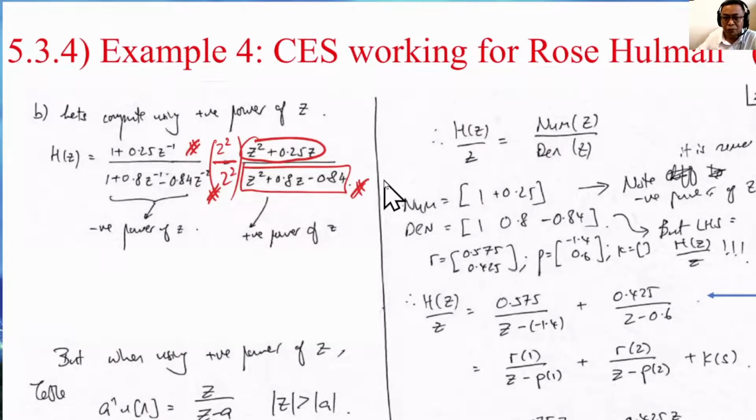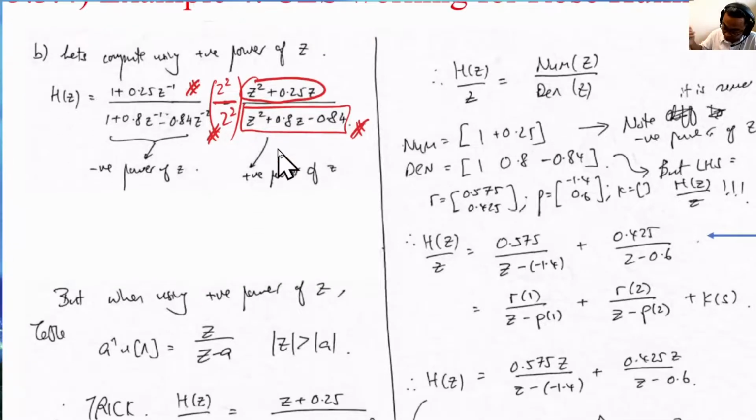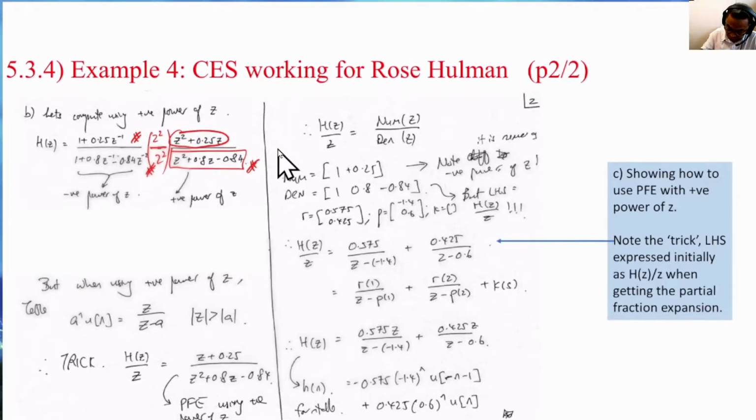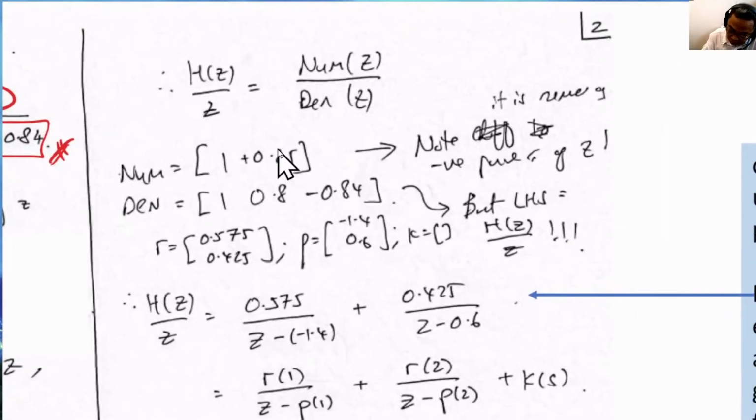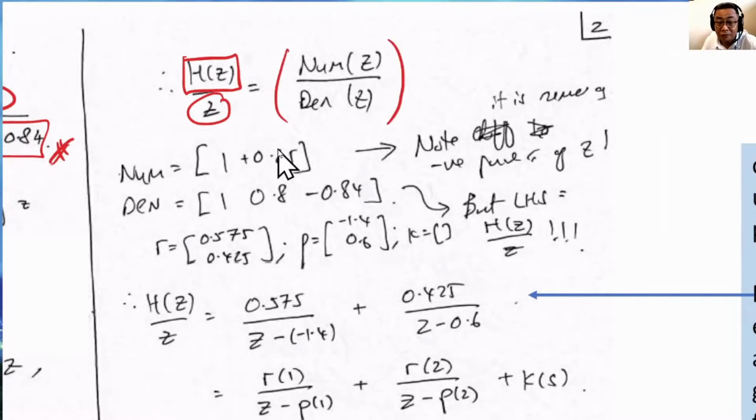If you remember, in the Laplace transform we are in positive powers of s. So this is positive powers of z. You realize that if you use the residue function, you must use residue now instead of residuez. Now, when you solve in positive powers of z, there is a trick. We express H(z) divided by z, and then we perform the partial fraction expansion of the right hand side.